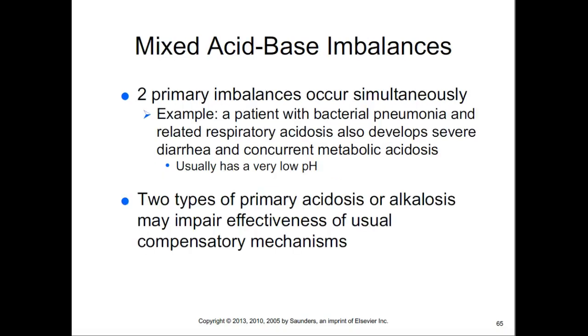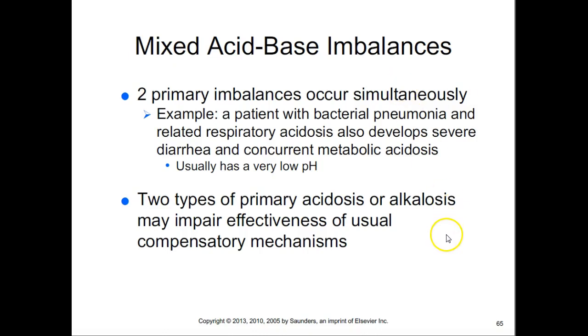All right, so mixed acid-base imbalances are where you basically have two primary imbalances occurring simultaneously. A second example is a patient with a bacterial pneumonia and related respiratory acidosis who also develops severe diarrhea, like they might have if they have C. diff, Clostridium difficile, and then concurrent metabolic acidosis. So usually a very low pH, and that could be fatal very, very quickly.